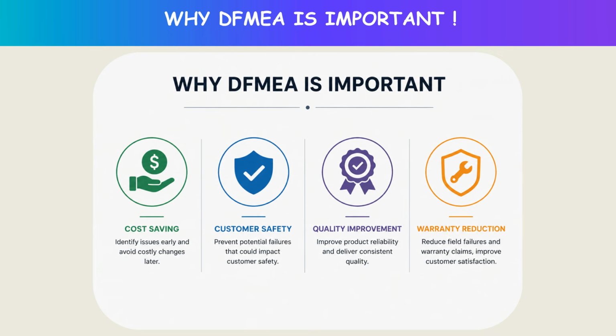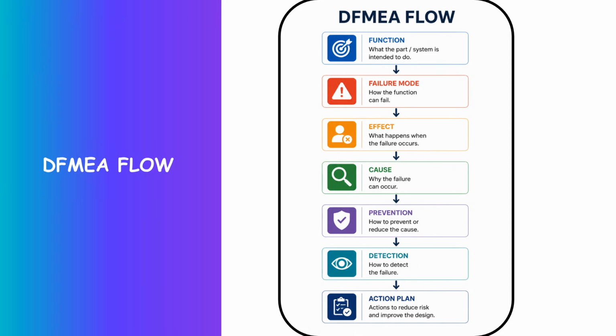Products become more reliable, stable, and robust. And fourth, warranty reduction. Good DFMEA reduces field failures, customer complaints, and warranty claims. So overall, DFMEA improves quality, safety, customer satisfaction, and development efficiency.